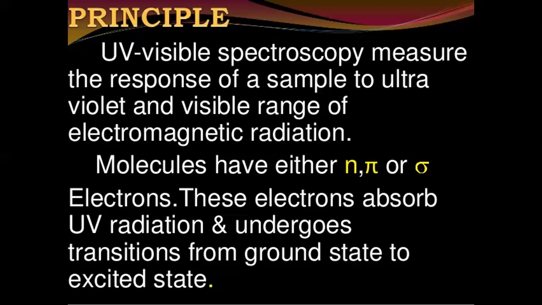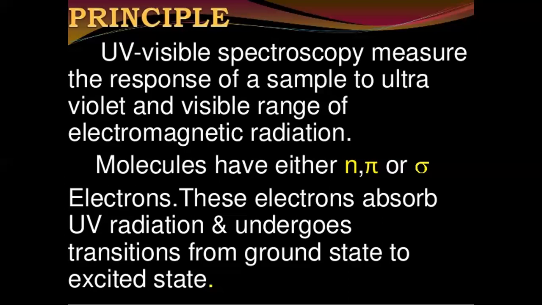The molecule containing the excited state electron is called the excited state of the molecule, and that is produced in a very short time, 10 to the power of minus 15 seconds. Hence, during electronic excitation, the atoms of the molecule do not undergo any change in their positions.